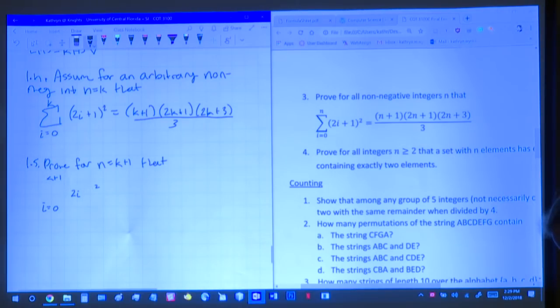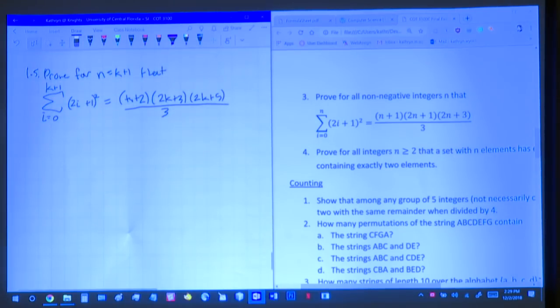of (2i plus 1) squared equals (k plus 2)(2k plus 3)(2k plus 5), also over 3. Okay, so we'll do like we did with all the other ones and mess with the summation.